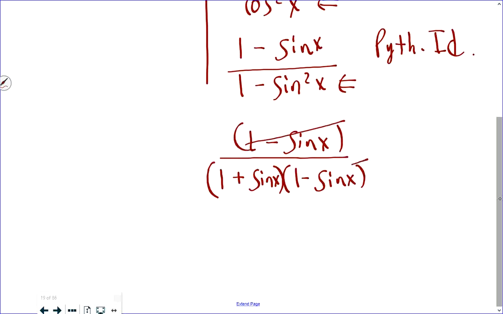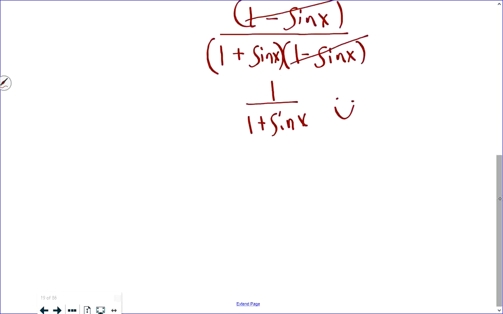So these cancel. You don't need to justify this. That's just algebra. It's not a trigonometric substitution. And then we're going to have 1 over 1 plus sine x. This pleases us because that's what the left-hand side is equal to. So the left side equals the right side.